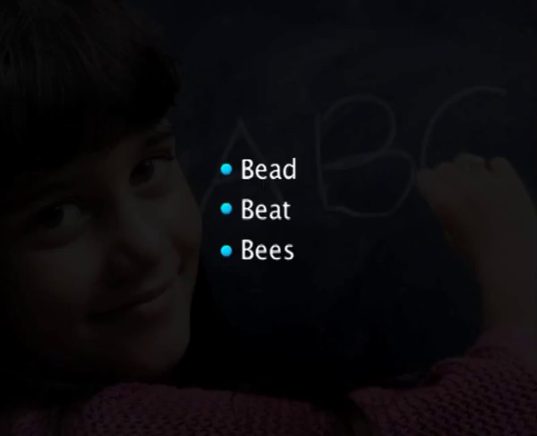The sounds around, remember I was talking about the neighboring sounds, also influence the duration of the sound. Let me give you an example. Compare the words bead, beat, bees.